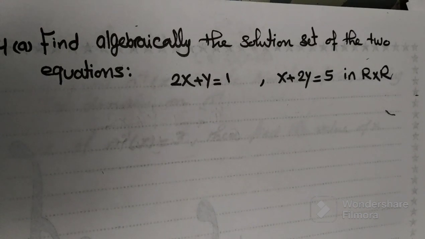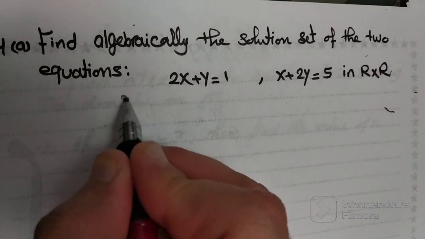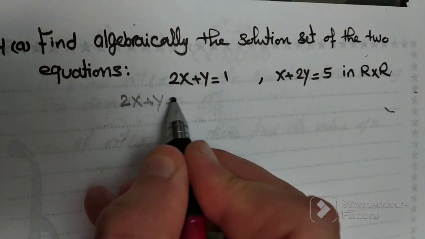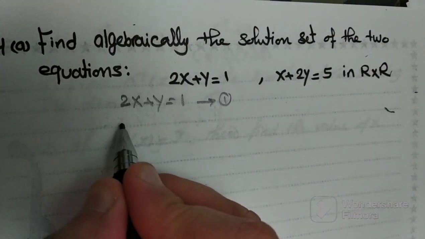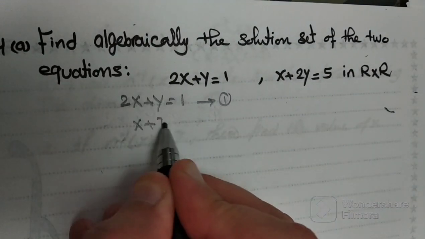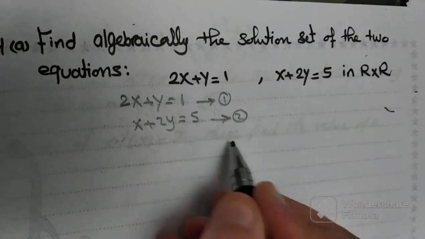Number 2, by using the substituting method. We'll solve it by the substituting method. Write 2x plus y equals 1 and say number 1. x plus 2y equals 5 and say number 2.